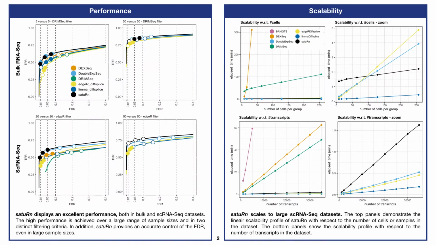On the left-hand side of this slide, we display the performance of satuRn with respect to 5 other DTU tools from the literature on a set of 4 benchmark datasets. The top 2 panels are benchmarks based on a real bulk RNA-Seq dataset that were filtered stringently with the filtering criterion implemented in DRIMSeq.